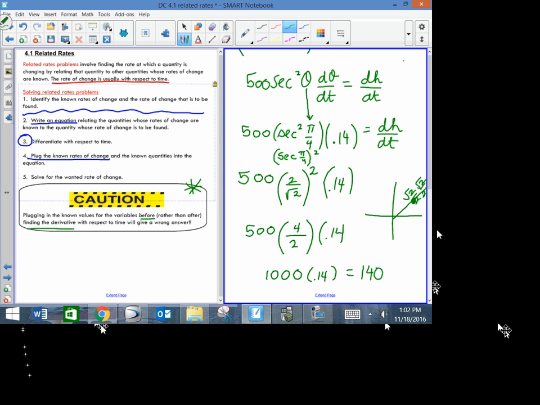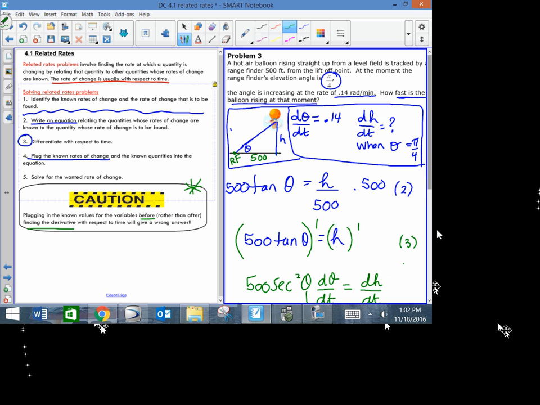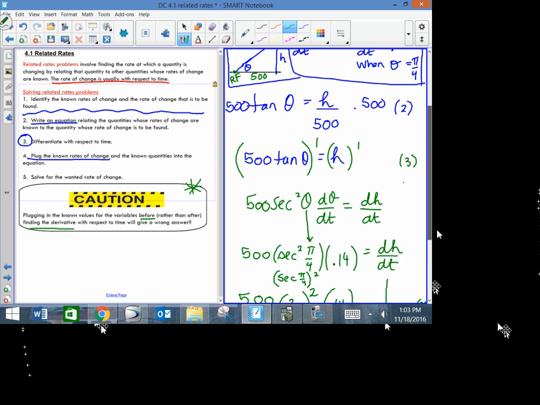That is dH/dt. So what is that, units wise? H is changing by feet per minute.